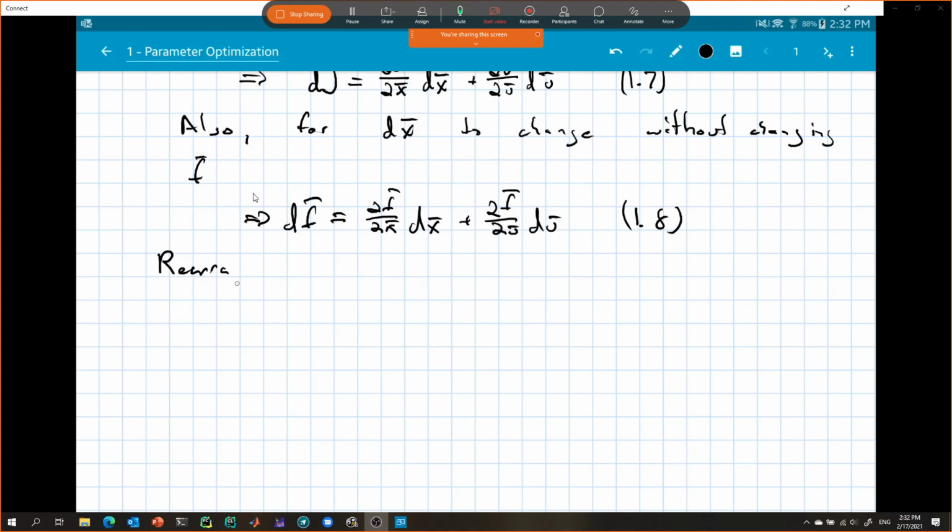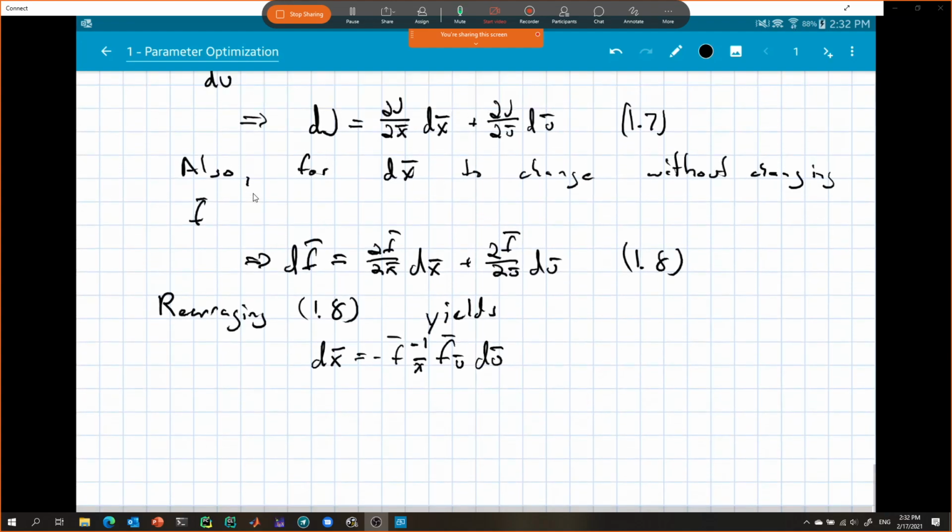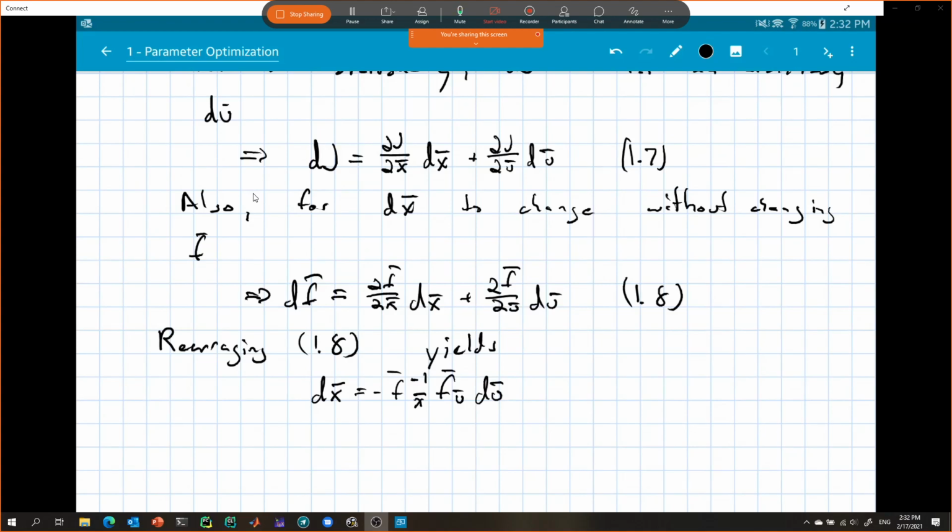Then rearranging 1.8 yields this. There's a requirement here that the inverse of f_x exists. If you didn't catch it, I meant to write out here that this notation is equal to J underscore x, so I'll use those interchangeably.